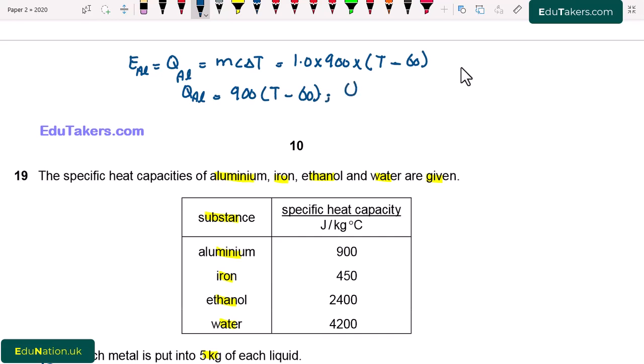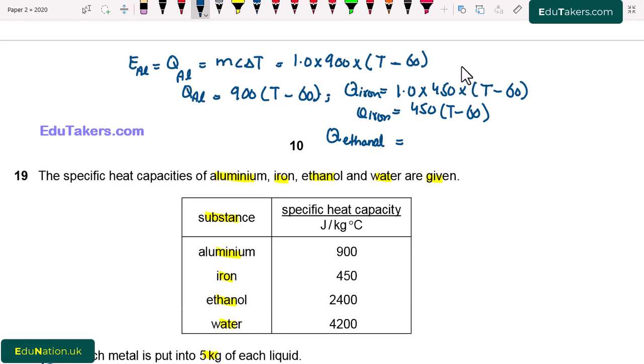Next, I find out the heat for iron. Mass of iron is again 1 kilogram, multiplied by specific heat capacity 450, and temperature is final temperature T minus initial temperature 60. So it will be equal to 450(T − 60). Next, heat for ethanol.